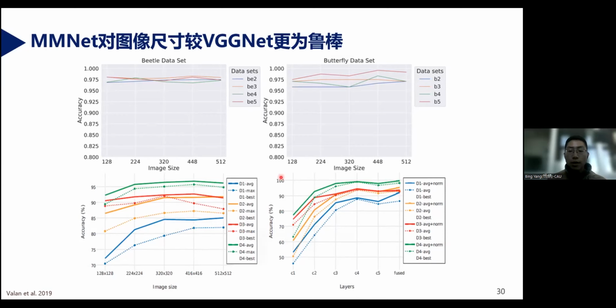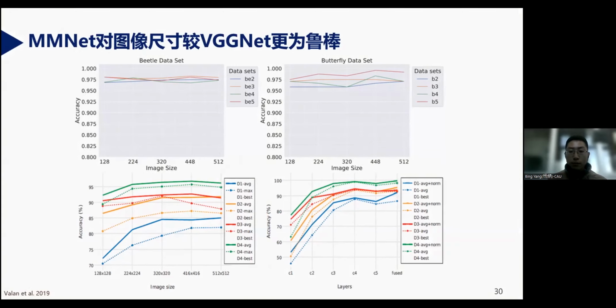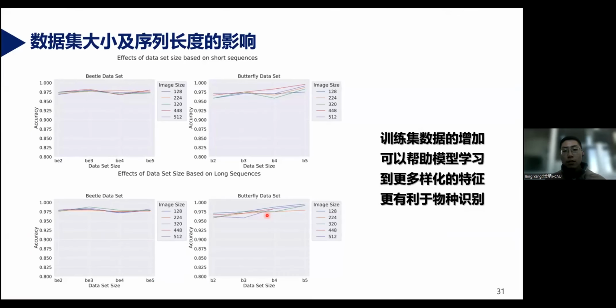This shows the impact of image size and sequence length on MMNet, and shows that MMNet has higher accuracy under different image sizes. And MMNet is more robust to sequence length. The volatility is lower compared to VGGNet, so MMNet is more robust compared to VGGNet.